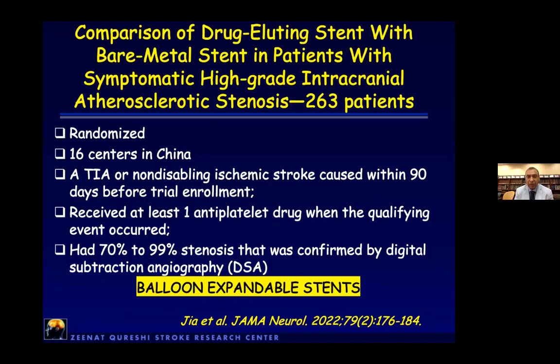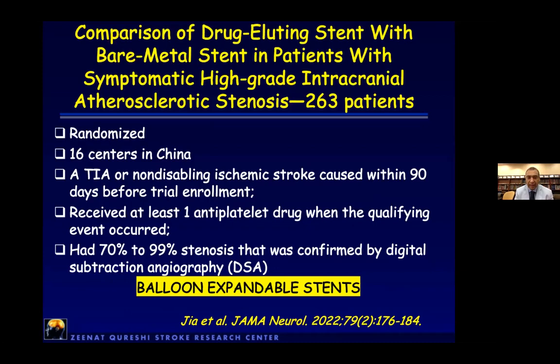So this is a trial that compared drug-eluting stents with bare metal stents, both being balloon-expandable stents, in patients with symptomatic high-grade intracranial stenosis. 263 patients were randomized in 16 centers in China. The patients obviously had to have a similar picture to the new on-label FDA criteria.